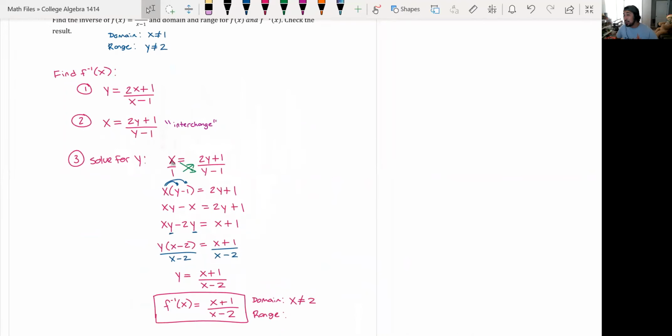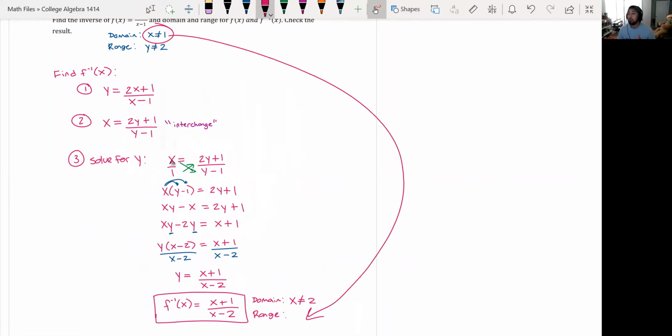The domain of the original function is x not equal to 1. And remember, if you have functions that are inverses of each other, then the domain of the original function becomes the range of the inverse function. What? I know, exciting.